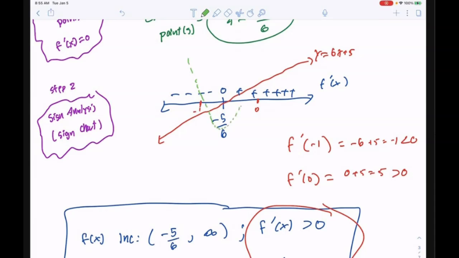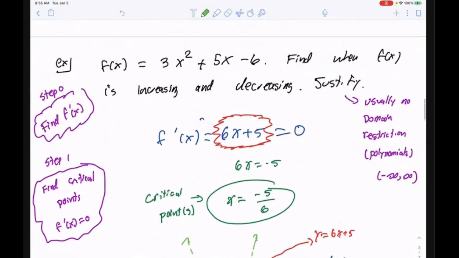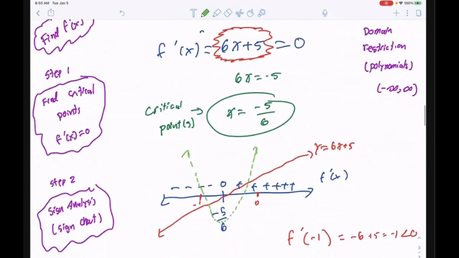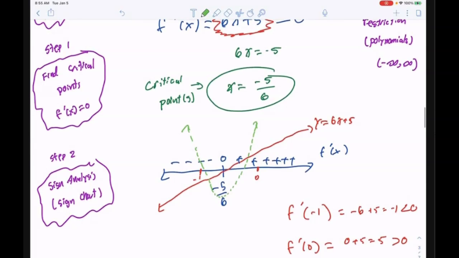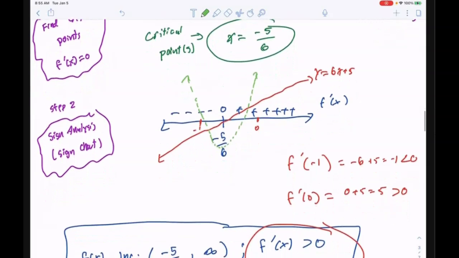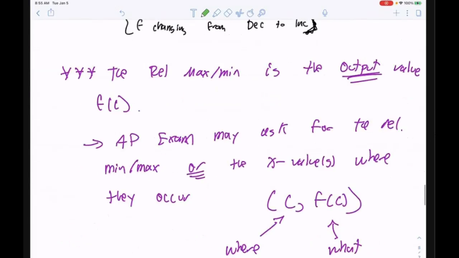The graph looks like a parabola, and it is a parabola because the original equation had 3x squared, which is a concave up parabola. The graph is going down until x equals negative 5/6, and then it's going up after that. Like I said, we're just doing the analytical, almost memorization type stuff today.